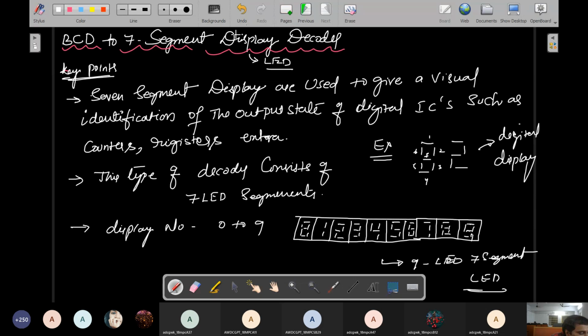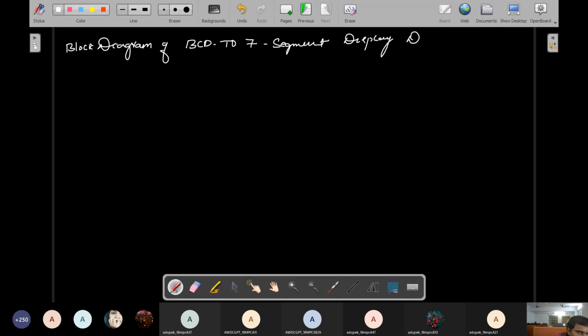So I'll move to the next page. Please note, everybody. See the block diagram of the BCD to 7-segment display decoder.